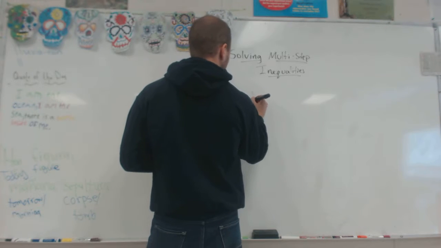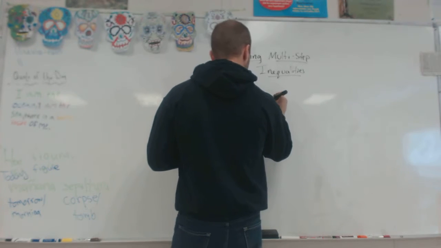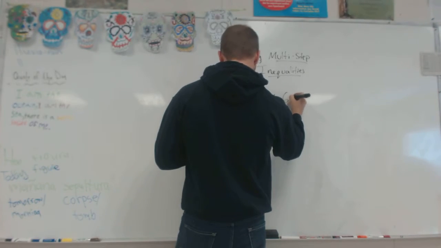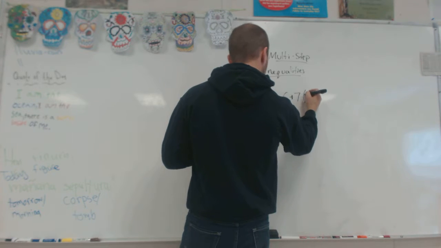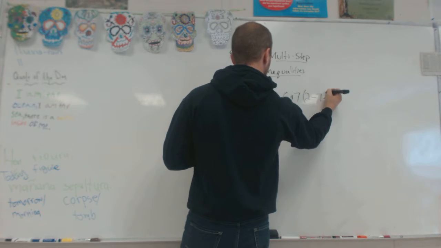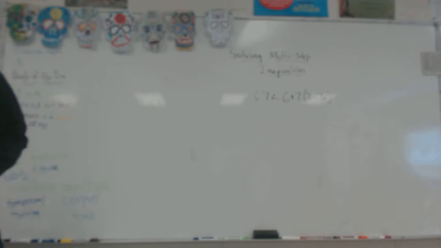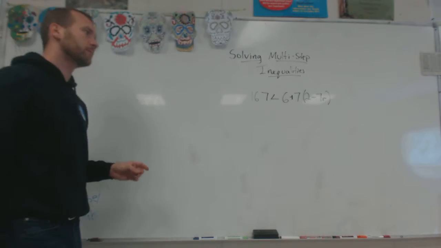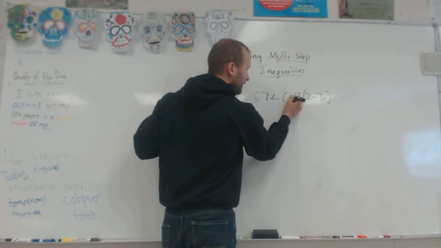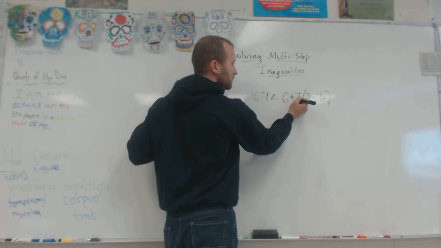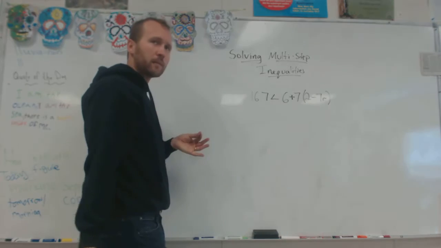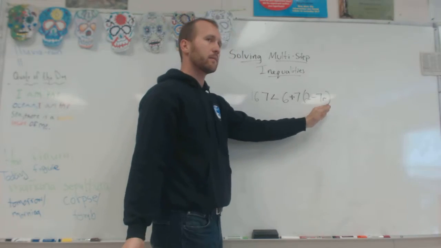We're going to do 167 is less than 6 plus 7 times 2 minus 7r. Okay. So this one's very similar. I can't add the 6 and the 7 because the 7 is multiplied times this. PEMDAS says multiply before you add.